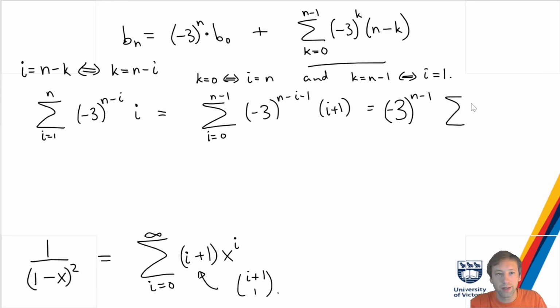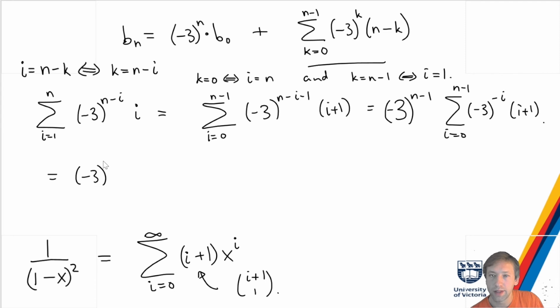Then we're left with negative 3 to the negative i times i plus 1, and the sum is again from 0 to n minus 1. Of course, a negative exponent is just like taking a reciprocal. So this is equal to negative 3 to the n minus 1 times the sum i equals 0 to n minus 1 of negative 1 over 3 to the i times i plus 1.